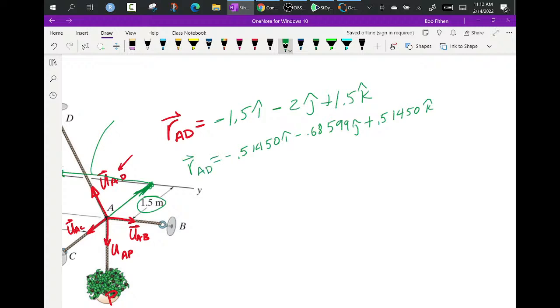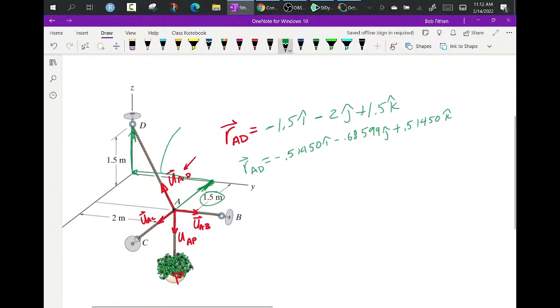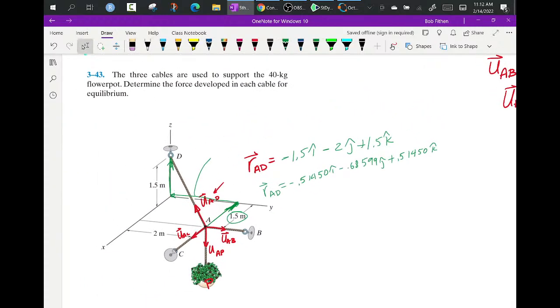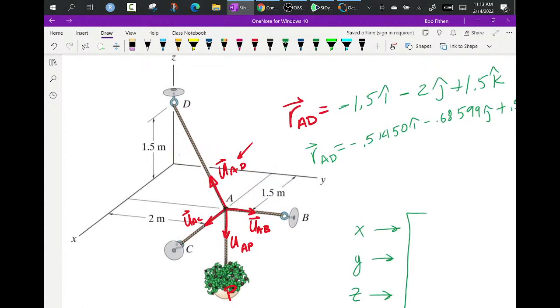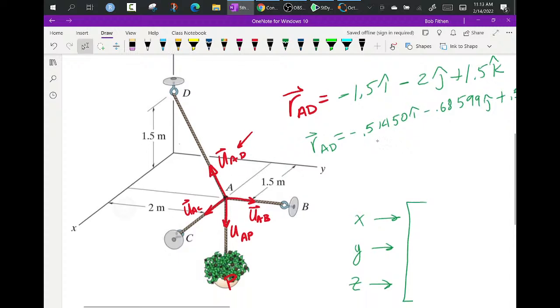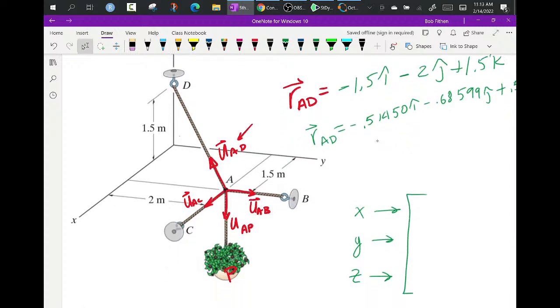Now I'm going to do something weird. I've already introduced you to the way of listing the vectors in rows. So I'm going to construct something really strange here. The x equation will go first, the y equation will go second, and the z equation will go third. The next thing is, my subscripts are going to match.